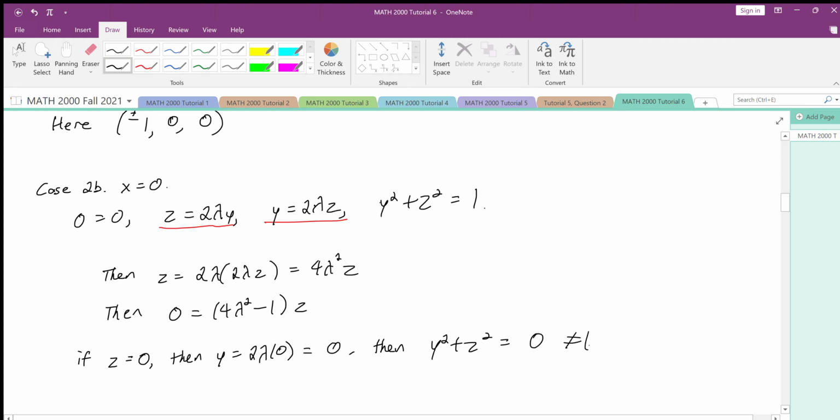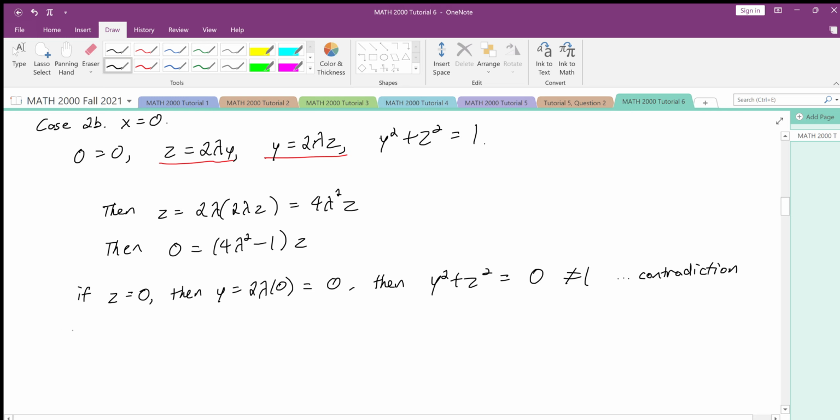That's obviously not equal to 1. So it's a contradiction. So in other words, z is never equal to 0, i.e. z cannot be 0. And if z is not equal to 0, then this guy must be 0.